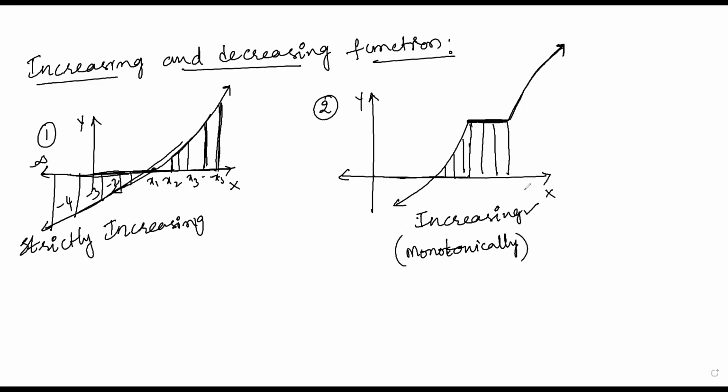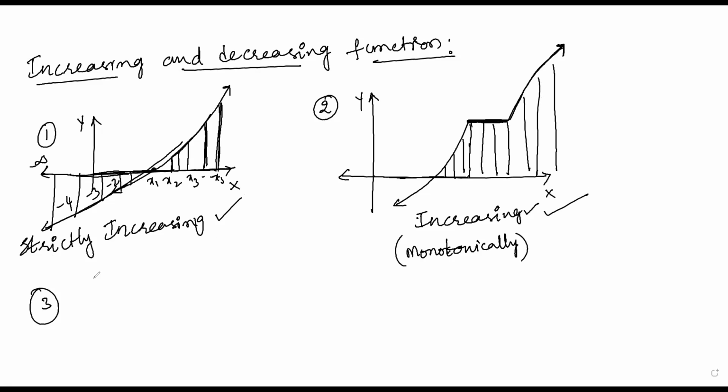You understand? What if it increases and then decreases, what will happen? No, wait a minute. This much is increasing. So it is strictly increasing. Are you able to understand this?